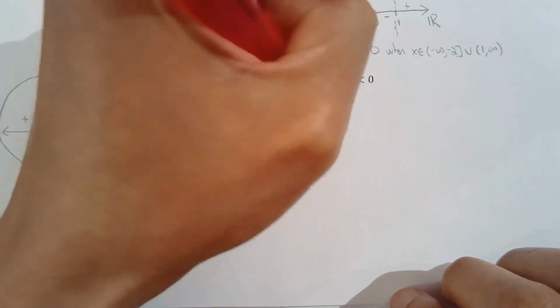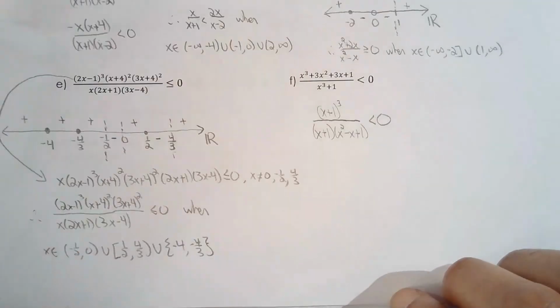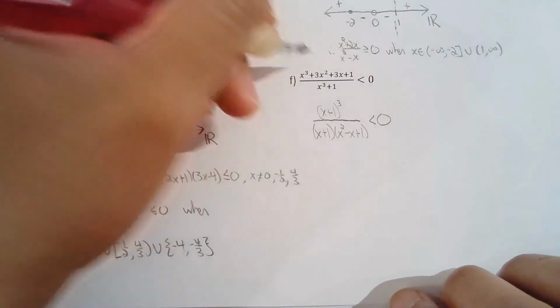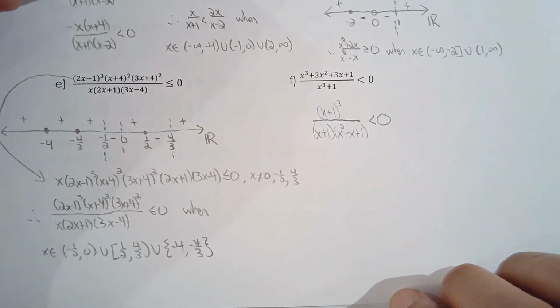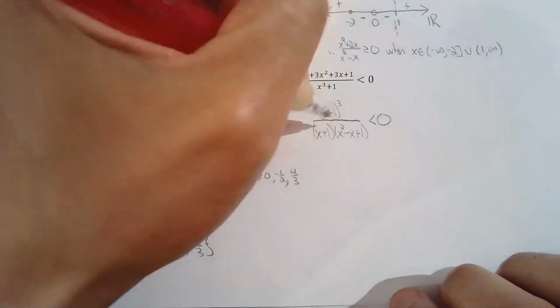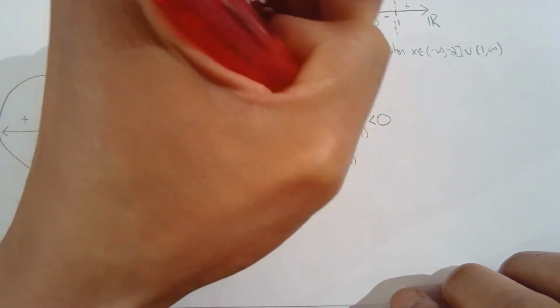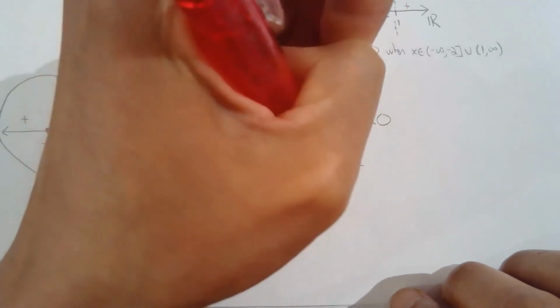So it's (x plus 1)(x squared minus x plus 1). If you forgot the Pascal's triangle for the numerator, just use the factor theorem. So x plus 1 is a common factor, so you're left with (x plus 1) all squared over (x squared minus x plus 1), less than 0.